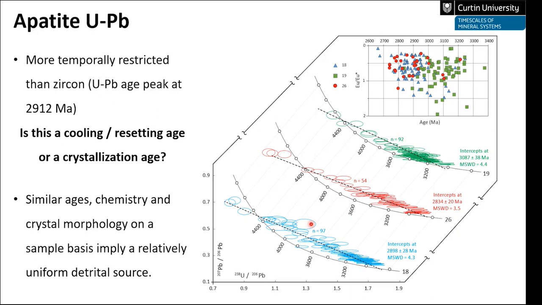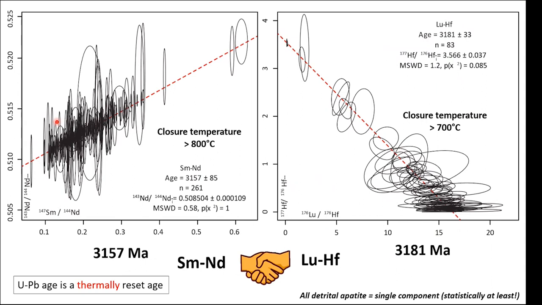But as I spoke about earlier, what is this age actually telling us here? Is this a cooling, a resetting, or a crystallization age of the apatite? We know how vulnerable the uranium-lead system is in apatite, so let's look at two more resilient isotopic systems with closure temperatures as high as 800 degrees and 700 degrees here.